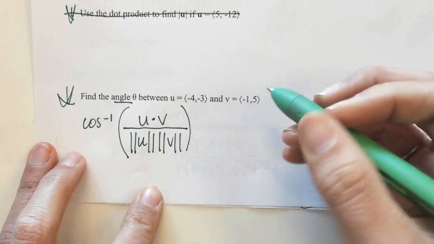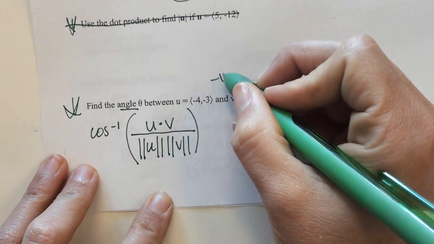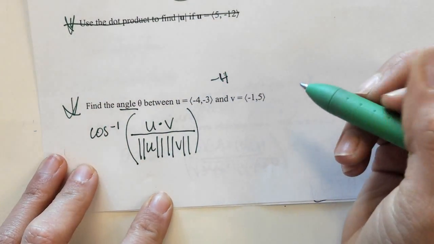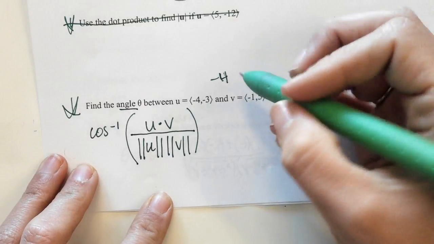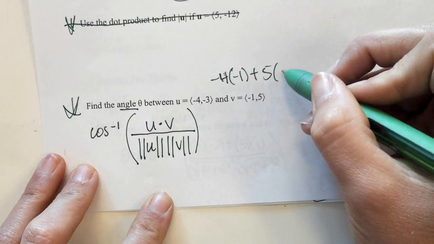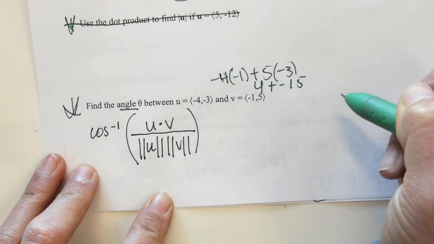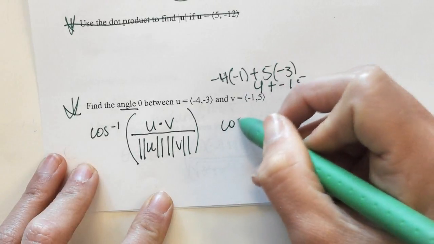So what was the dot product? You'd have to multiply what two numbers first? Negative 1 times negative 4 plus 5 times negative 3. Good. So that would give us 4 plus negative 15. So our dot product was what? Good.